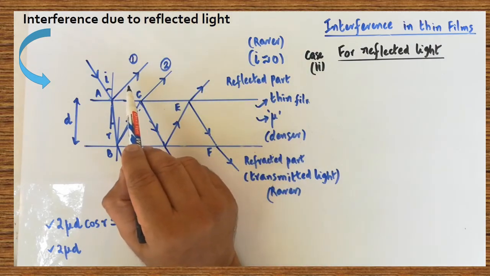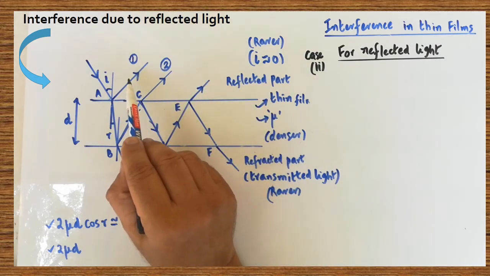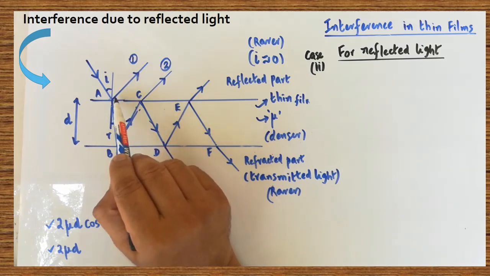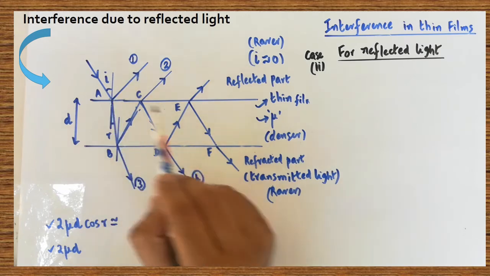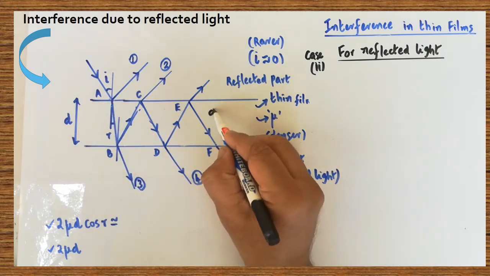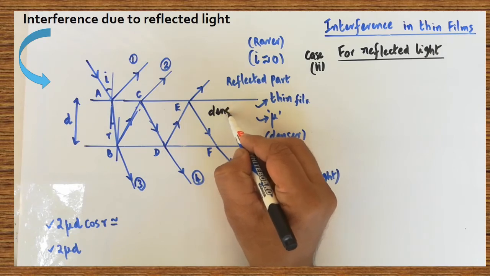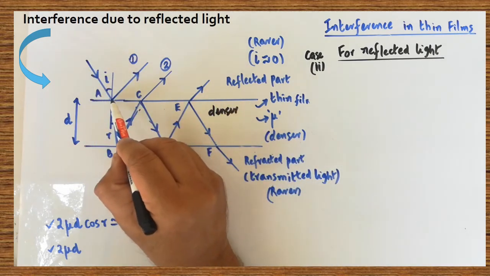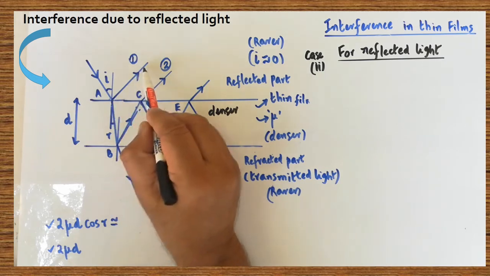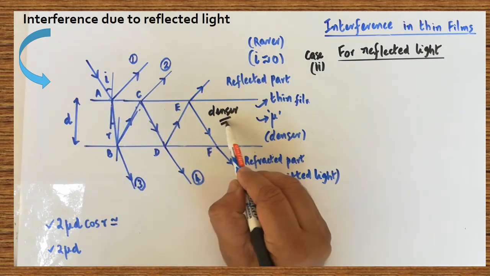Now I am going to tell one important thing: look at the first ray alone, concentrate on the first ray alone. Look at where it gets reflected. It gets reflected from the optically denser medium. So, very important, ray number 1, after incident at A, gets reflected from the optically denser medium.